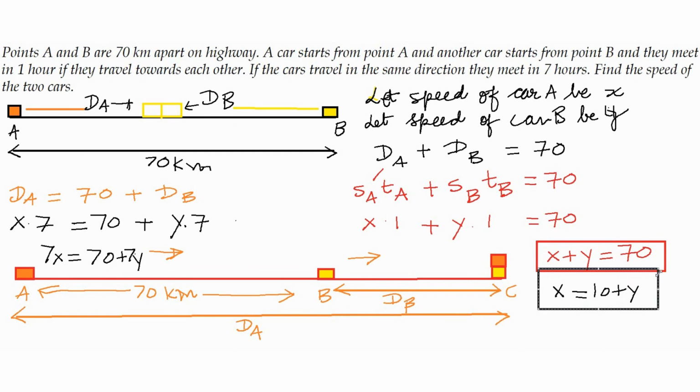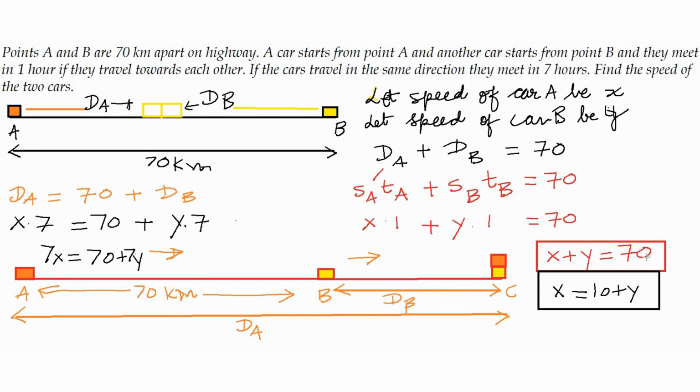So you will notice that in this particular problem, I am using distance covered as the guideline for forming the equation. And again, it is because in this case the distance is given and the time taken multiplied by speed is the distance.